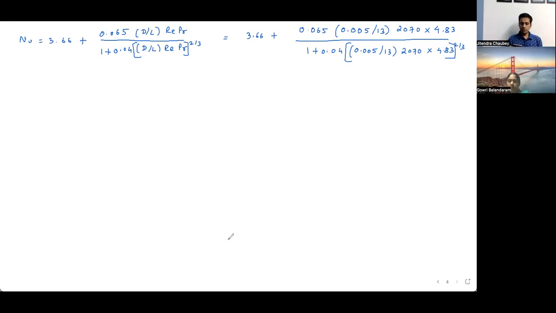So let's use the calculator. 0.065 into 0.005 divided by 13, 2070, 4.83, 1 plus 0.04 into 0.005 by 13.